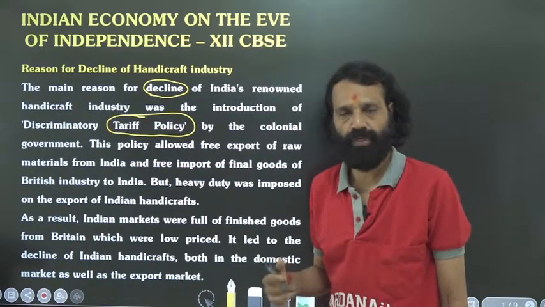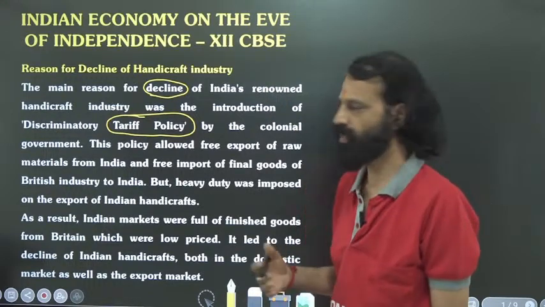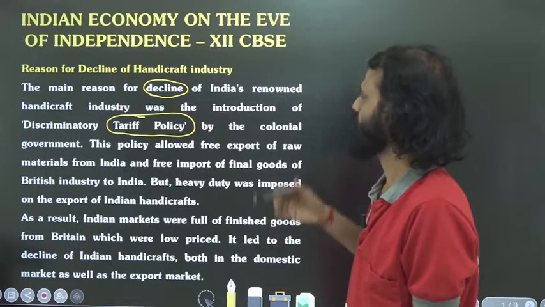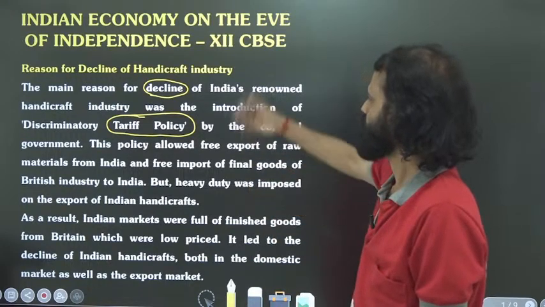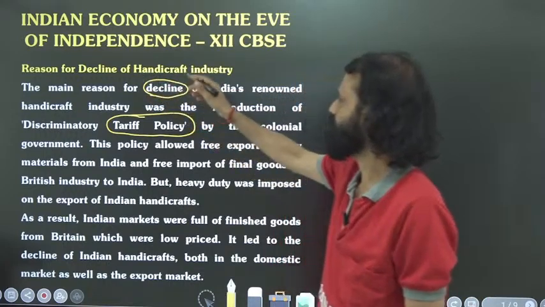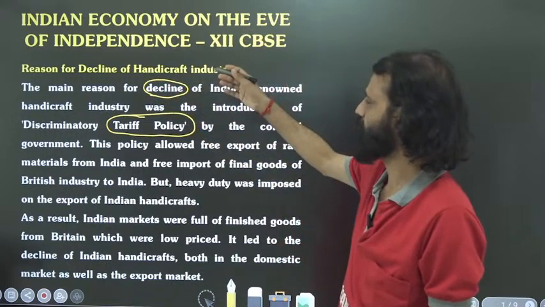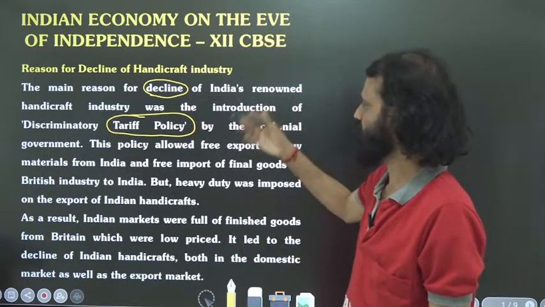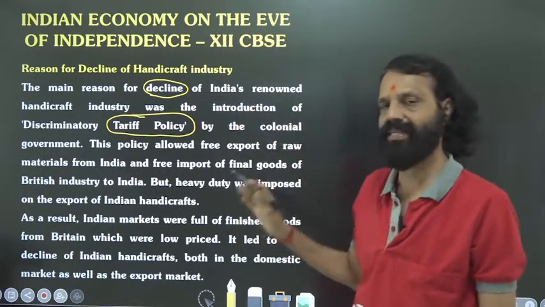A major part of our population was engaged in agriculture, but some part of India was doing industries, and some people were doing handicrafts too. The handicraft industry was doing well at that time.